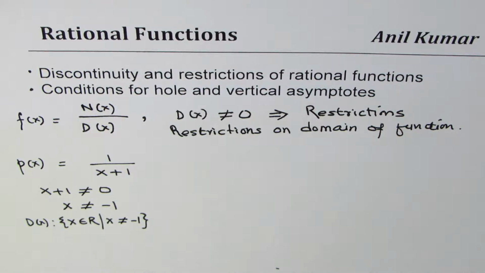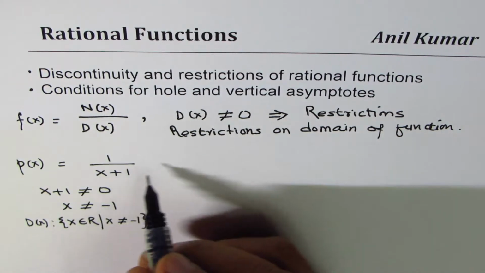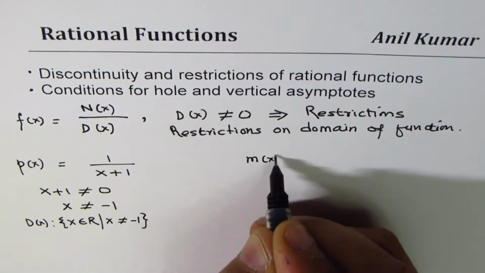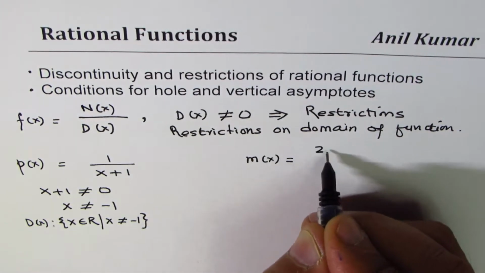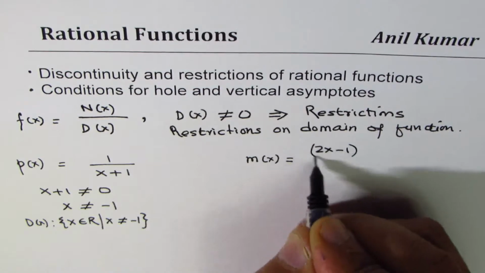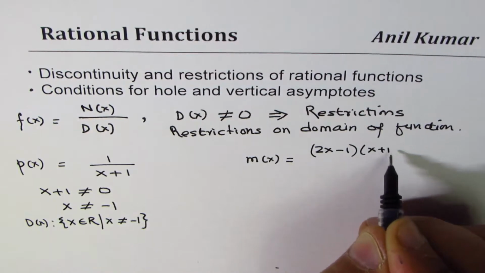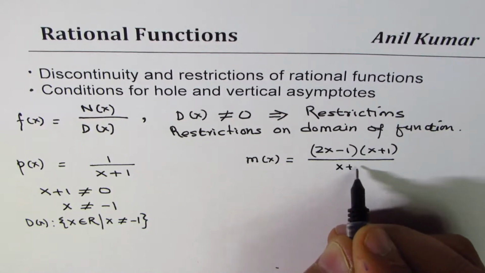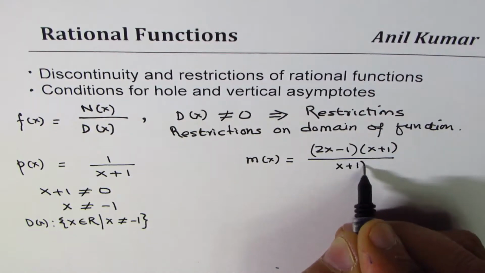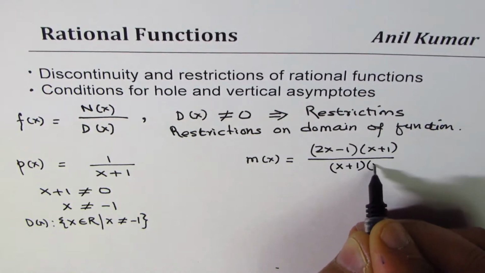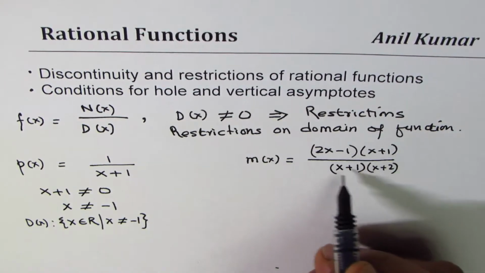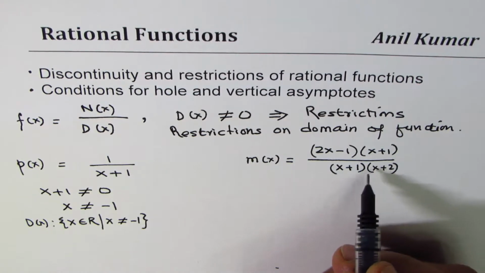Correct? Now let me give you another example here. Let's say m of x is equal to 2x minus 1 times x plus 1, divided by x plus 1, and let me multiply this by x plus 2 also. Now in this particular case, we have two restrictions, right?